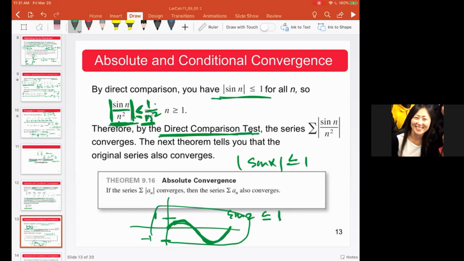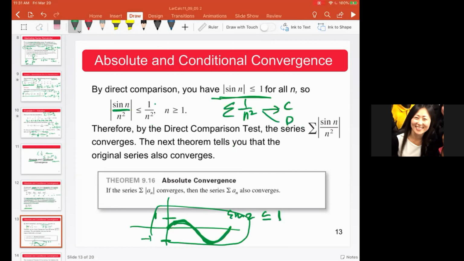So what can you tell me about 1 over n squared? Does it converge or diverge? And tell me why. If it converges, tell me why. If it diverges, tell me why. Because we know this series pretty well. Somebody tell me.